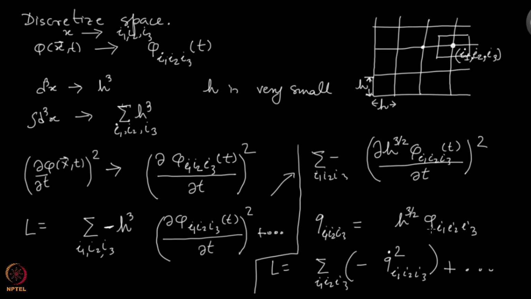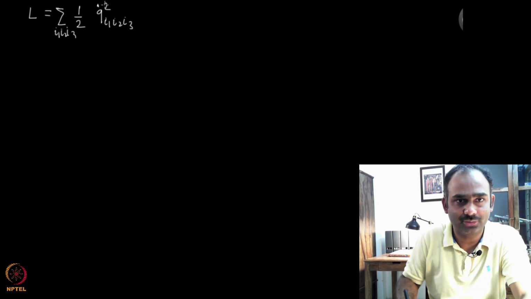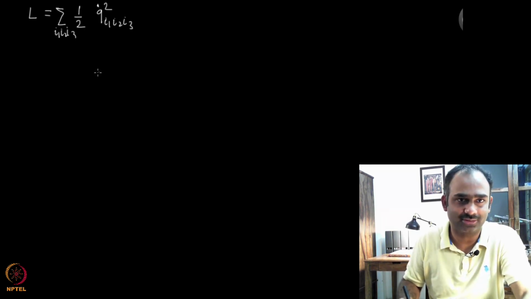Our q is, so I am again going to discrete space. My q is this. The Lagrangian was with the plus sign here, and a half was this. So, let us write L for my Klein-Gordon theory as half, summation over i1, i2, i3, q_{i1 i2 i3} dot squared, where q is what I showed.